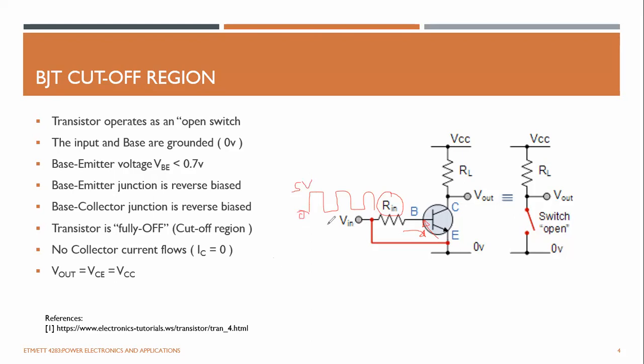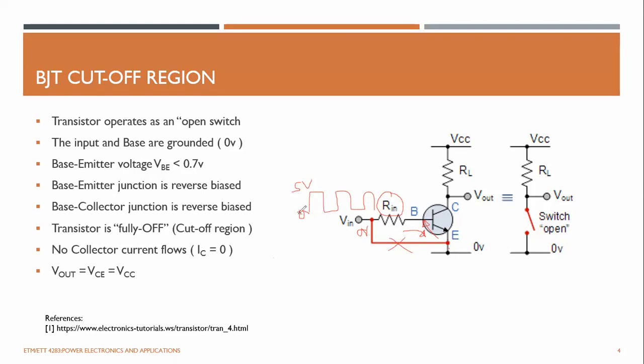You're feeding it to here. When it's 5 volt, the current will go here, and when it is 0 volt, literally it short circuits this supply to the ground. 0 means this potential is at 0 volt, which is virtually grounding this point to here, right? That's why it's disconnected. When you provide 5 volts, the current will flow like that.